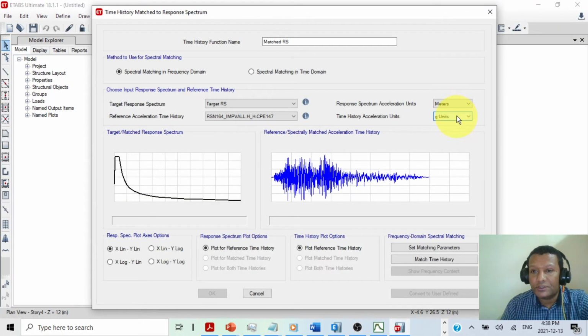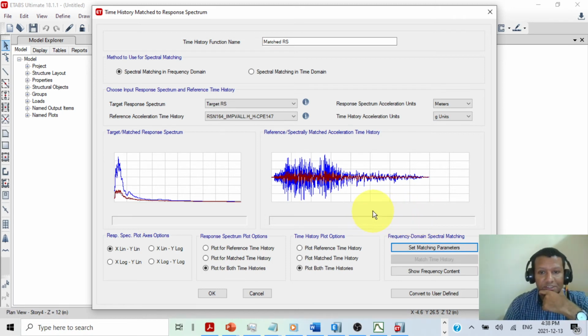So for us we should check. It is G unit, but if there is any problem, we will see. In matching in the frequency domain or the time domain, both are the same representation, as you know. Once it's okay, then match time is 3, then it will start matching.